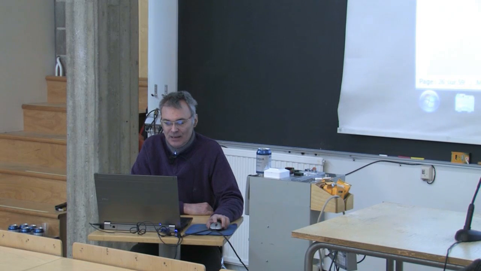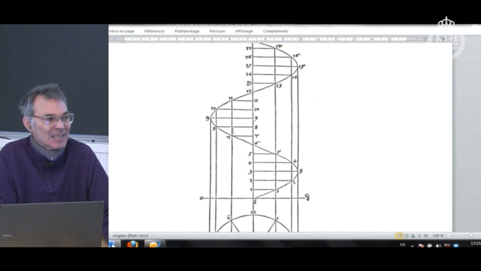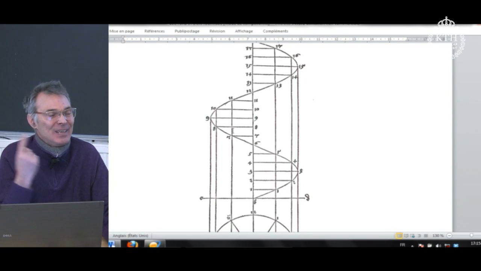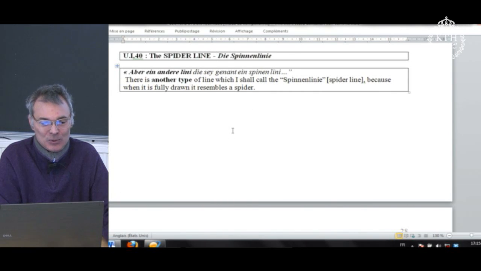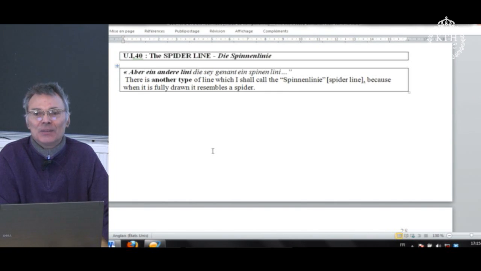So, ironically, Dürer is showing the regular helix after the varying spiral of those columns because he's not interested in regular objects. So now we have eaten the snail and we have to eat the spider.